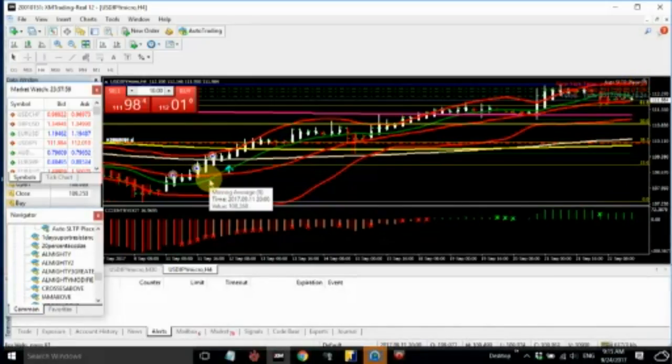Look at this green. What does it do? We apply the moving average period 9 onto this chart to represent the price. When the moving average period 9 and the middle band of the Bollinger Band period 20 cross each other, that is when the trend is changing.